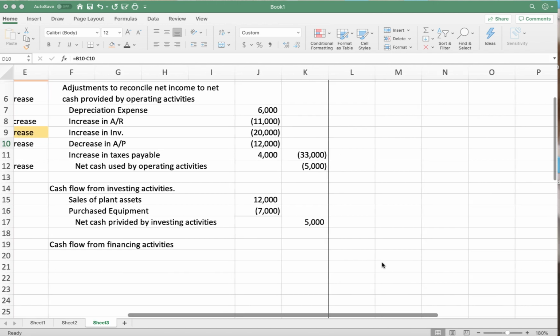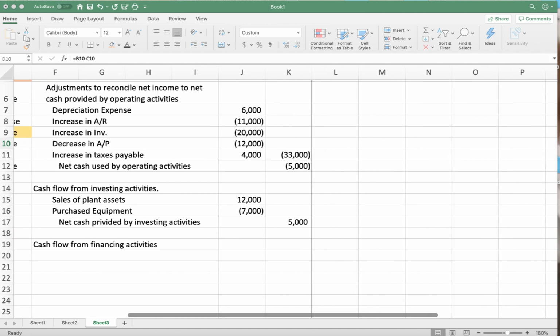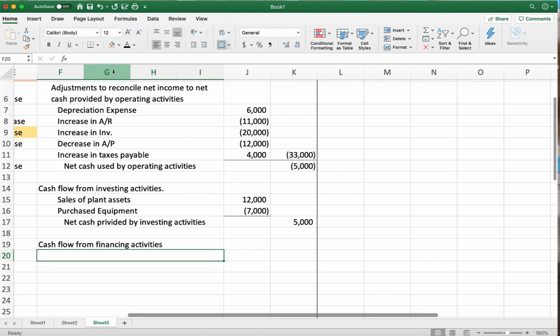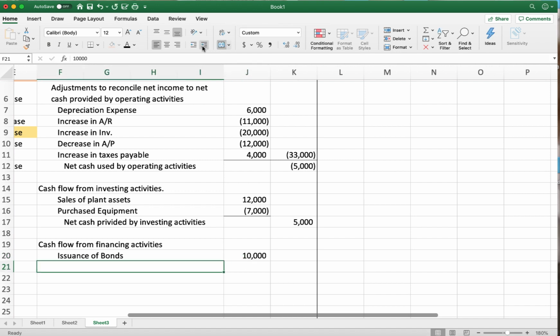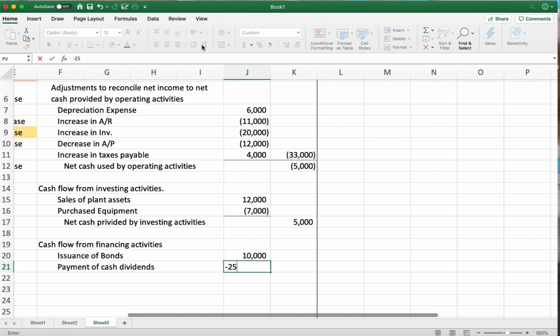Okay, so we need to put that in here, right? So what we're going to do is say issuance of bonds, $10,000, which is an inflow. And then we're going to say payment of cash dividends, which was $25,000.